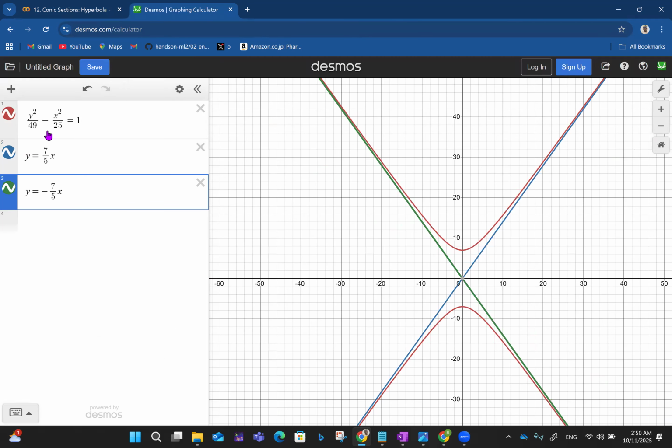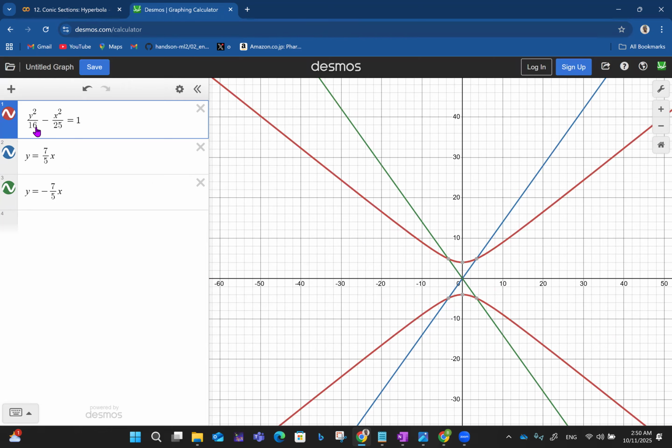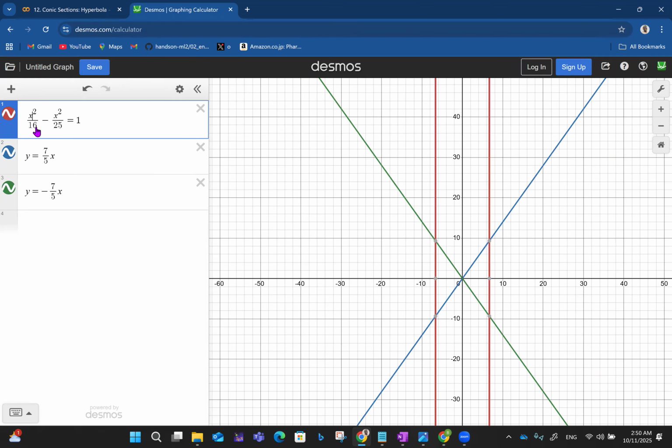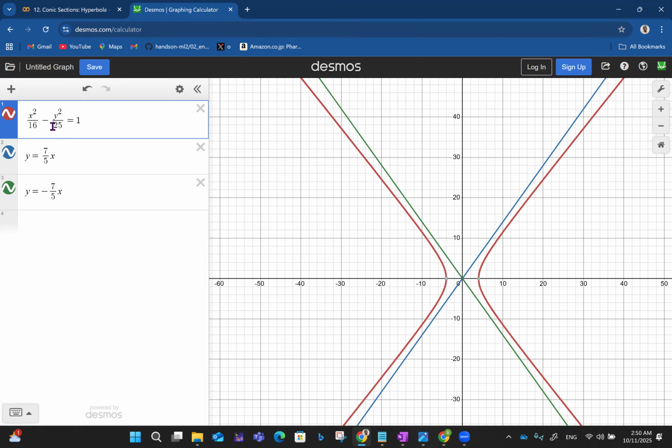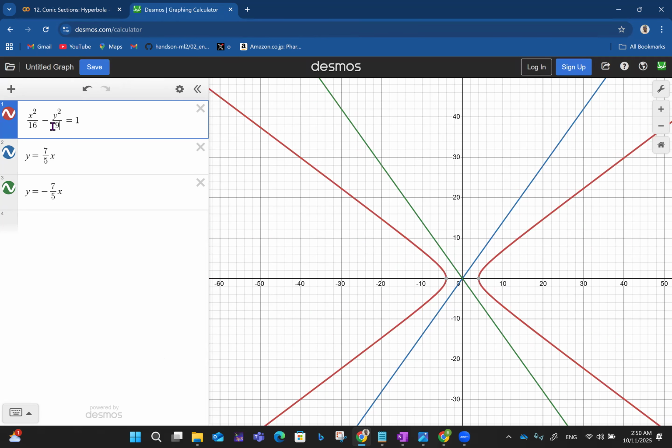So this is x squared over 16 minus y squared over 9. But then the tangent is the focus at the end of the day here.